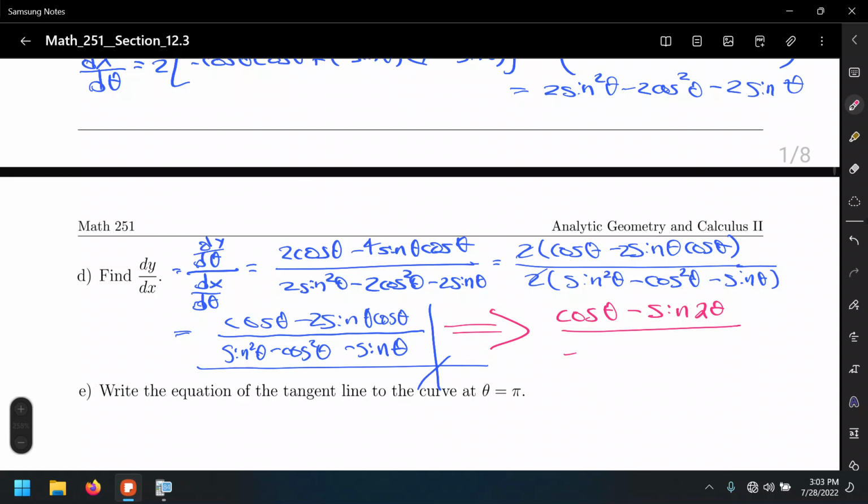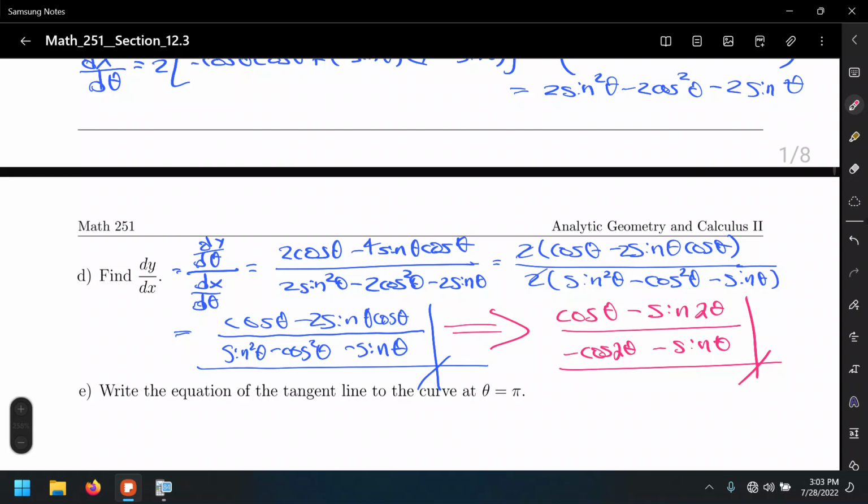So because this is backwards, this is negative cosine 2 theta minus sine theta. So that's an alternative way to express this. You don't have to go the extra mile and express it this way. That's fine.